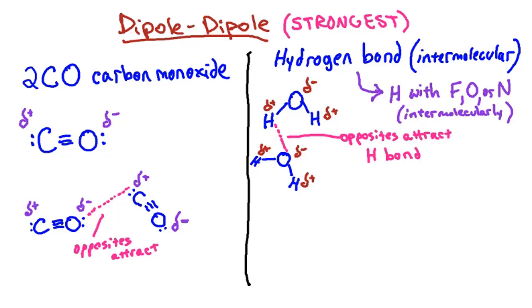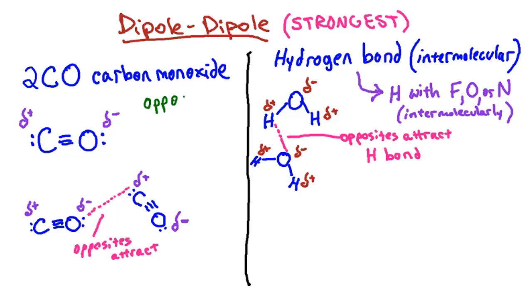Now, a dipole to dipole interaction is when two molecules that are polar, so therefore they have a dipole moment in them. When two dipole molecules are bonded together, how are they bonded together? Well, the positive side of one is bonded to the negative side of the other one because opposites attract.